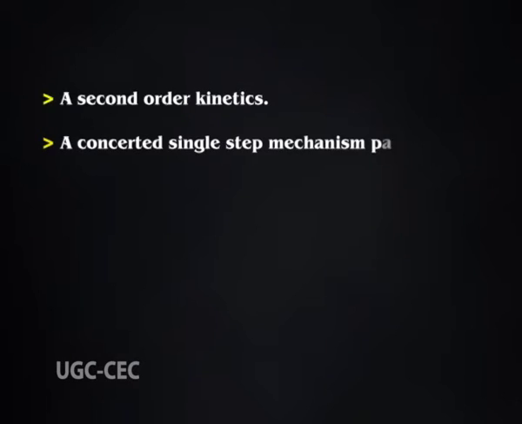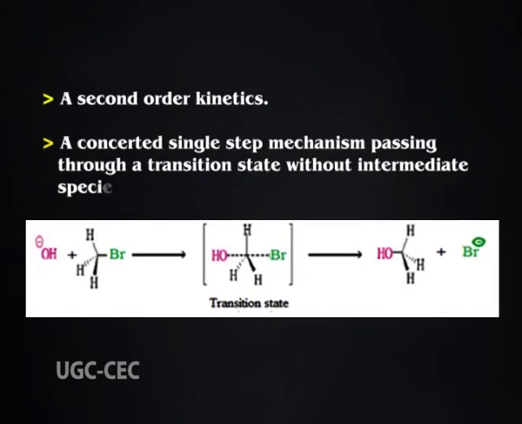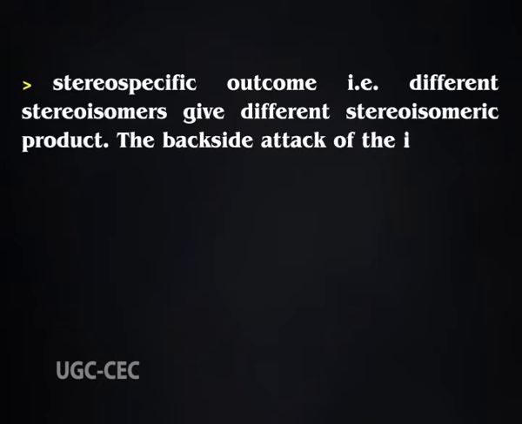Now, this reaction, SN2 reaction, is characterized by number 1, a second order kinetics, number 2, a concerted single-step mechanism passing through a transition state without intermediate species formation. And a third, stereospecific outcome, that is, different stereoisomers of the reactant give different stereoisomers of the product.